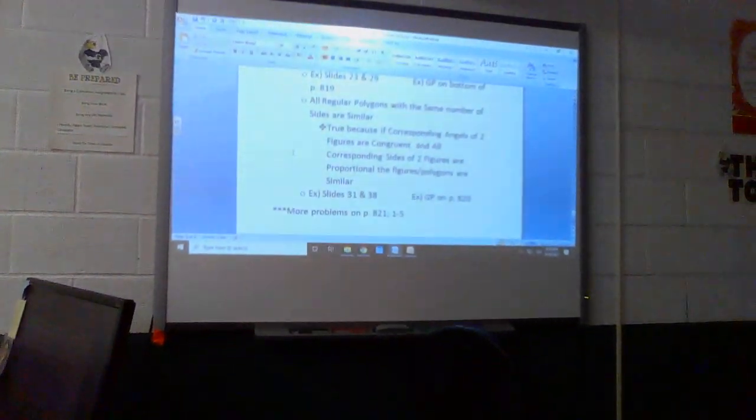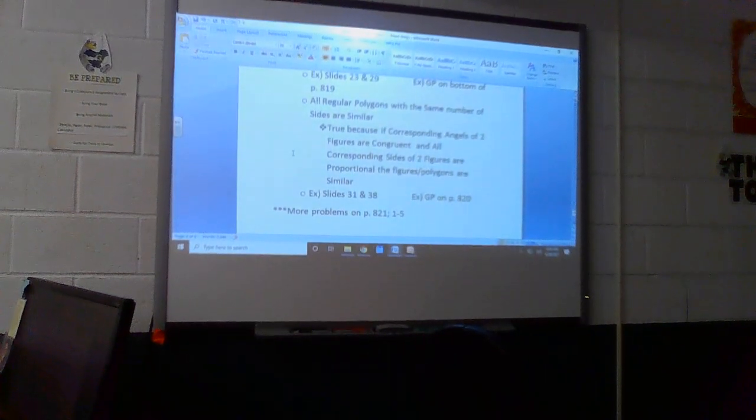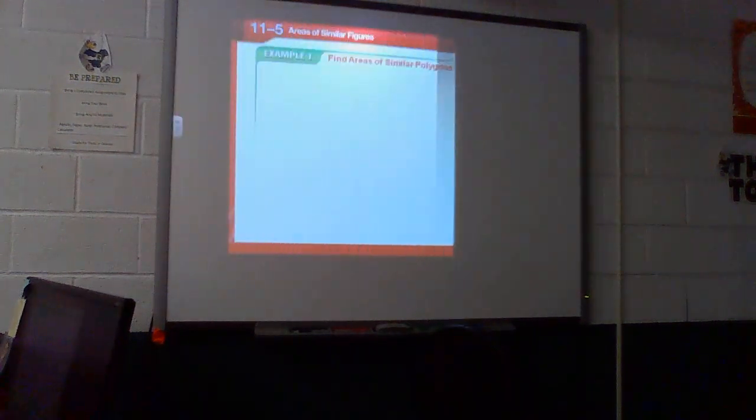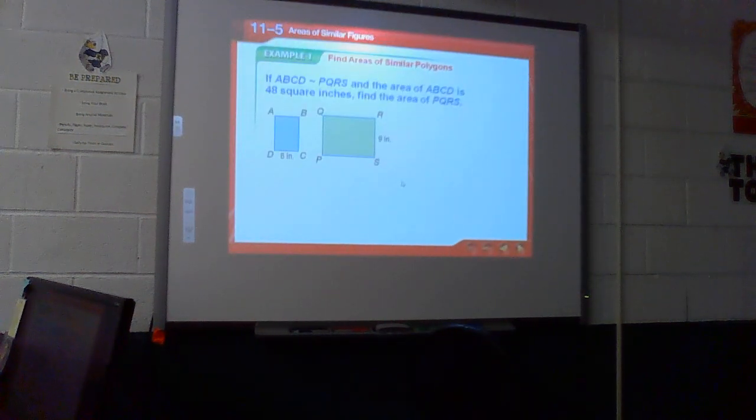But essentially, we're making proportions today. The only thing you have to realize is, is it an area or is it a regular ratio? So it says if ABCD is similar to PQRS. So right away, you got to look at where they're talking about. Did they write the letters in order?